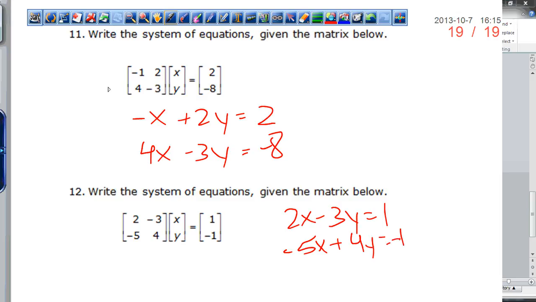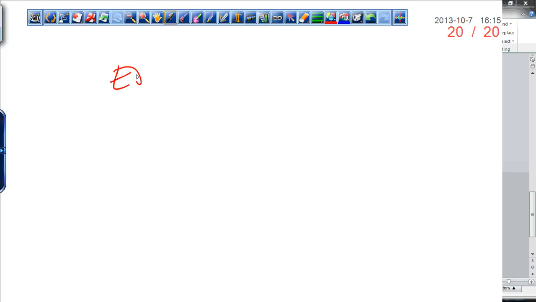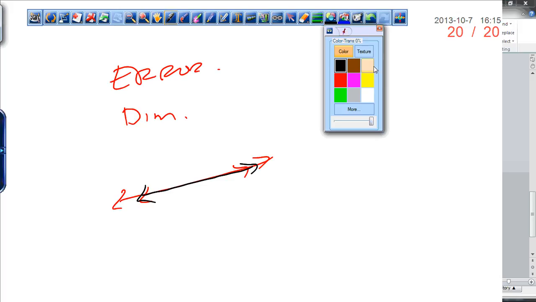Okay, the last thing I want to talk about is that if your calculator gives you an error, so let's say that your calculator says error or dimension error or something like that, that means that it's either infinitely many solutions. That means that the lines, now remember we're dealing with 3 of them, so let me go in here. We got 3 different lines that are exactly the same.